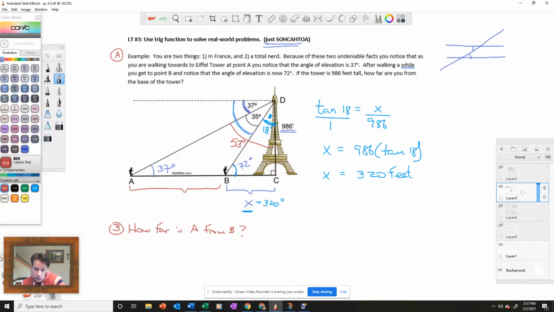And so I could write this equation. I could say that the tangent of 53 degrees equals opposite, which is AC, that segment, over the height of the tower. So 53 is opposite over adjacent. All right, so once again, multiply there, and I could find out that AC is 986 times the tangent of 53.